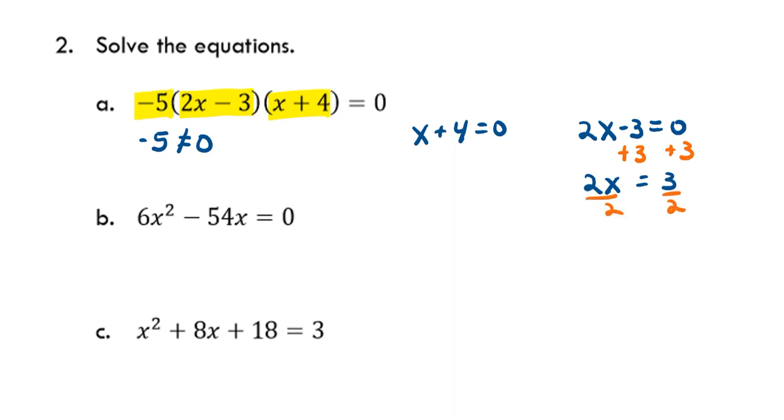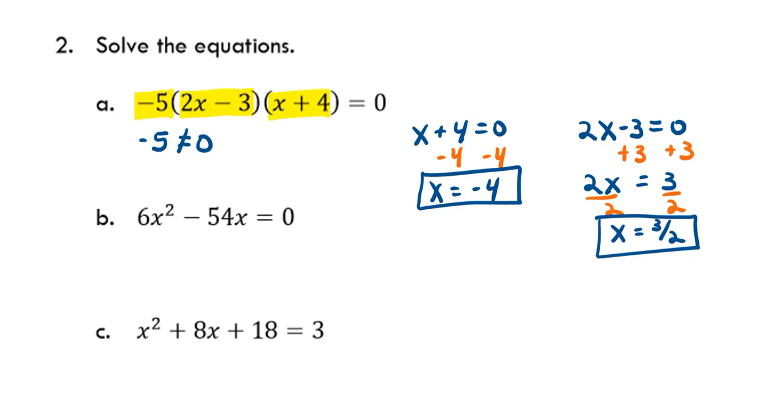What I want you to know from this example is that if you have a coefficient or a number in front of the x, you will end up with a fraction, and that's okay. The second factor, x plus 4, is much easier to solve because we're just subtracting 4 from both sides. So our two answers are 3/2, or 1.5, and -4.